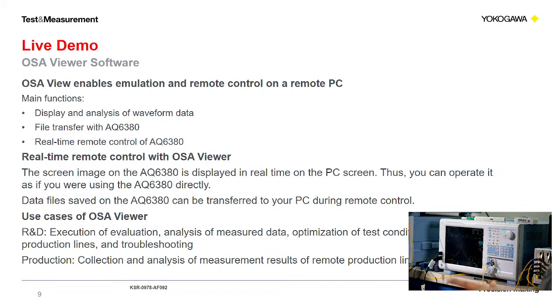The viewer software allows us to remote control the OSA from a computer, so you can transfer files. Any button presses you would do on the OSA can be done from a mouse on a computer, as long as it's connected with this viewer software. And of course, all of this is real time. You can also use it for offline analysis if you'd like, to help out during analysis or post analysis.